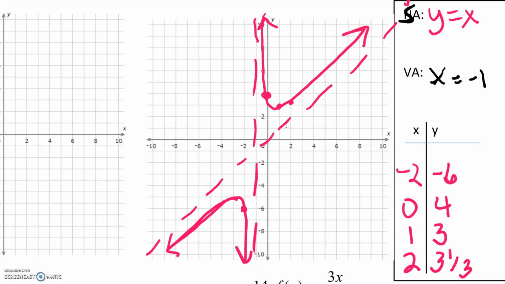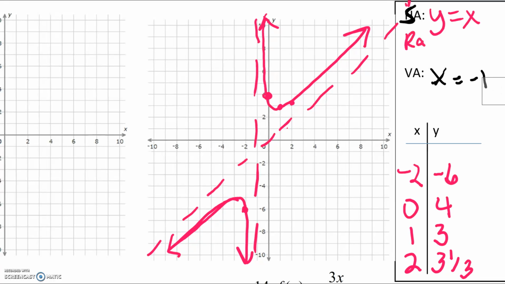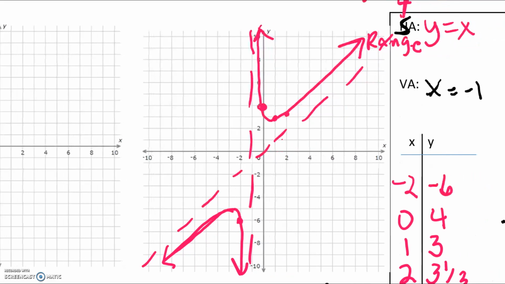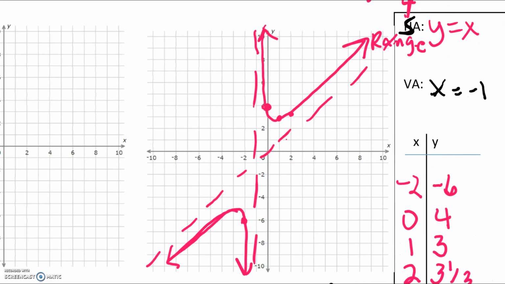So for this one, your range is going to be all real numbers, but y cannot equal x, because that's based on your slant asymptote. And then your domain is all real numbers, but x cannot be -1. Remember, that comes from your vertical asymptote.